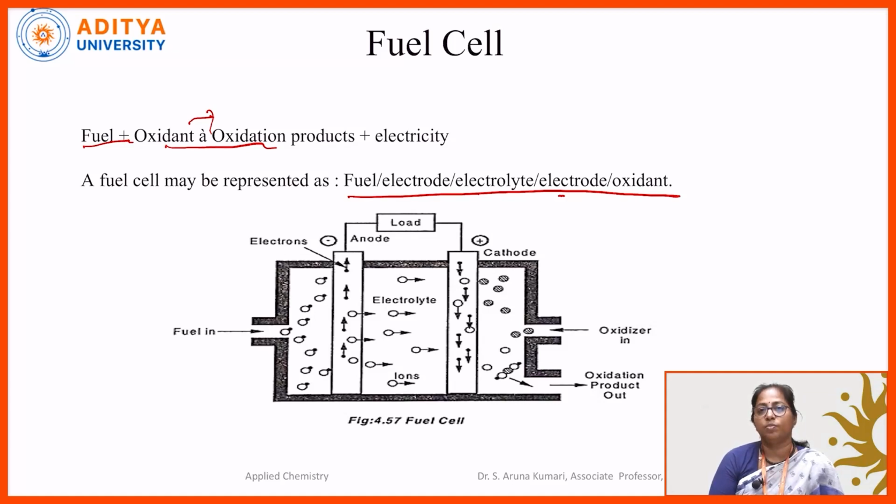Here we have a clear picture showing two electrodes, the fuel supplied at one electrode and the oxidant at the other, and an electrolyte in between where the oxidation and reduction reactions take place. Due to the oxidation reaction, electrical energy is produced as the electrons move from anode to cathode. So this is a simple representation of a fuel cell.